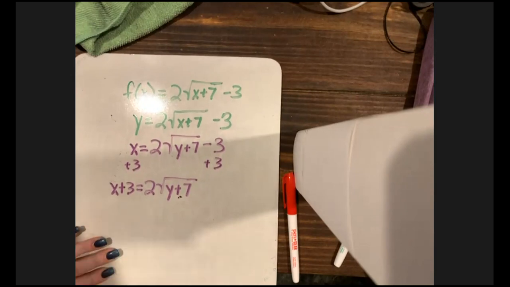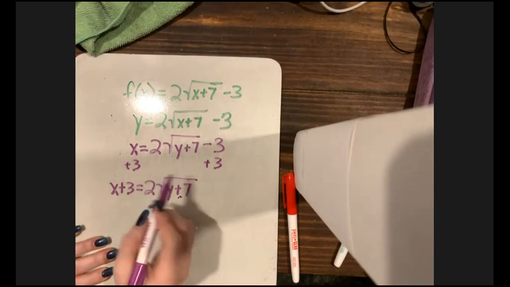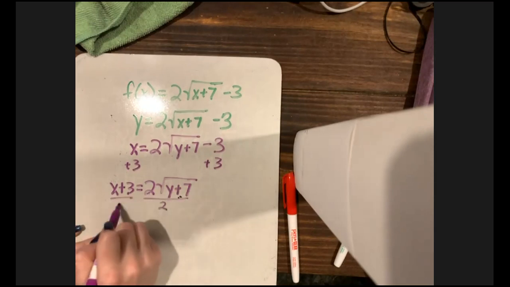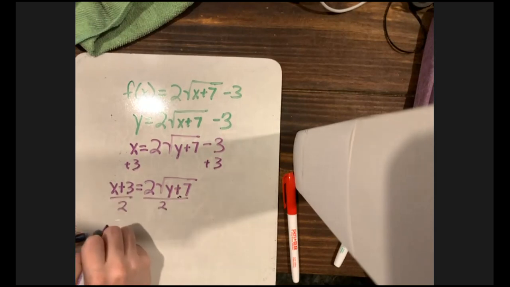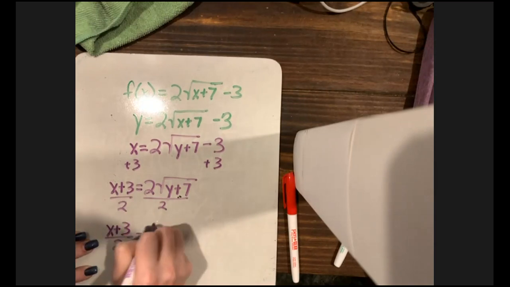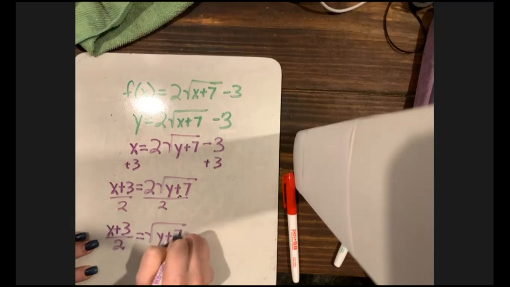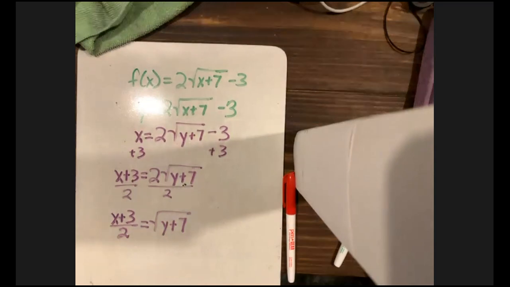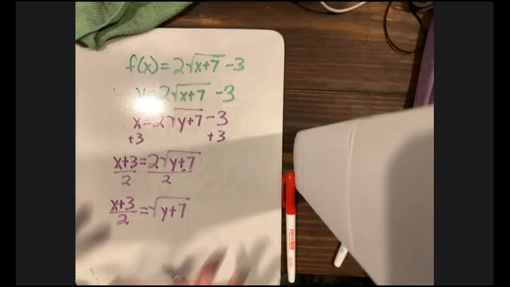Now, next thing is I need to make this 2 go away at the front. So we're going to divide it off. Now, this is actually a time when I am not going to try and break a bunch of stuff down. I'm not going to write this as x over 2 or 1/2 x plus 3/2. Just leave it in big, chunky pieces. It's going to make life so much simpler.